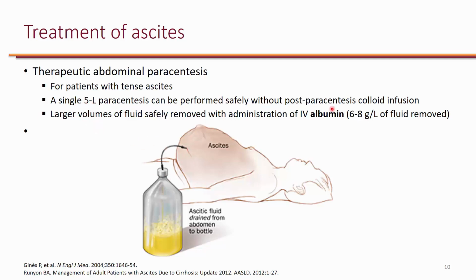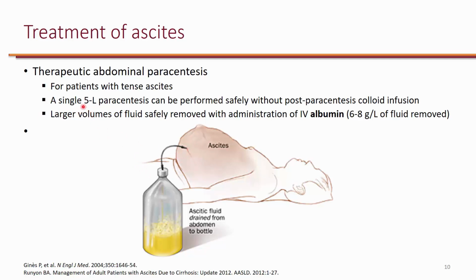So what they typically do is administer IV albumin, and it's recommended to give about 6 to 8 grams of albumin for every liter removed in addition to the first 5 liters. For example, if somebody was removing 6 liters, the first 5 liters is okay.